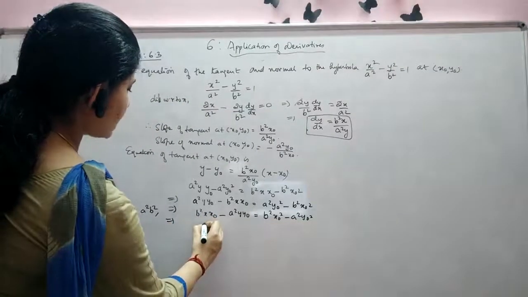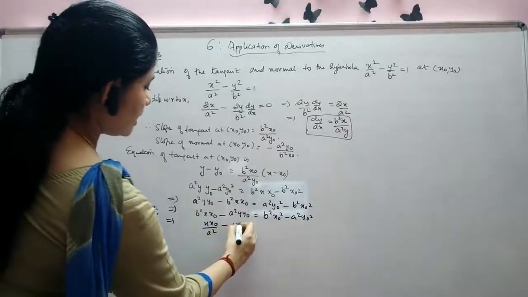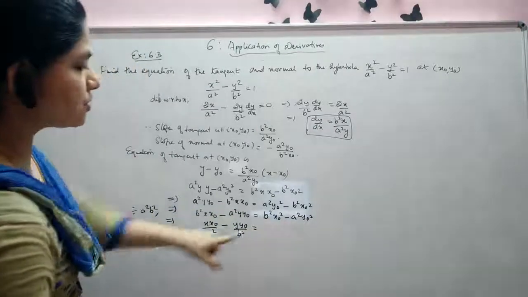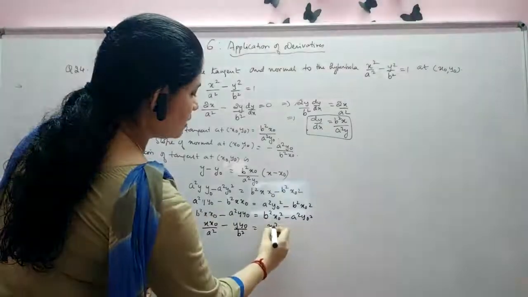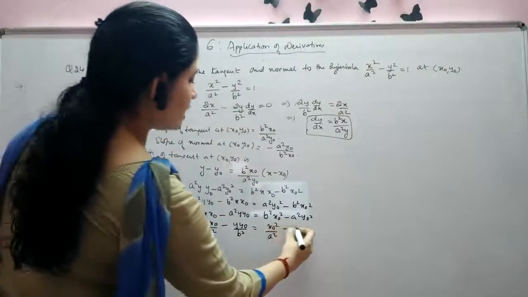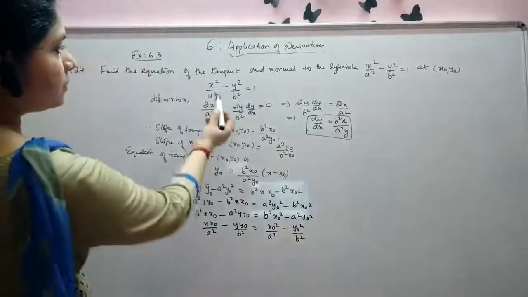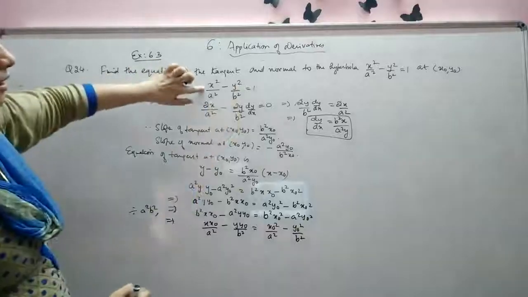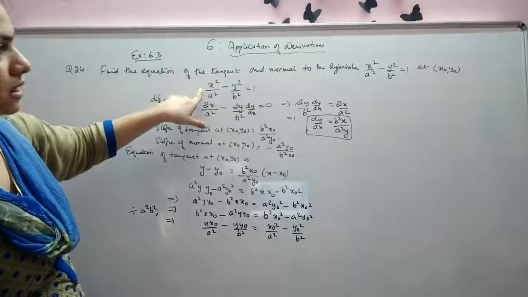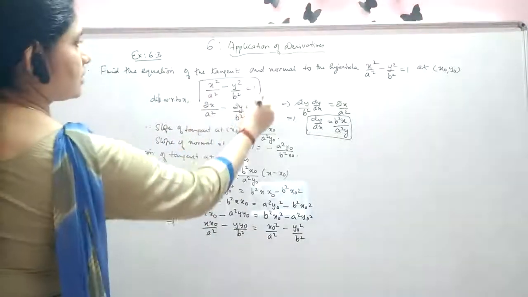So here you will get x naught x by a square, b square will get cancelled, minus y naught y by b square, a square will get cancelled, is equal to, here again x naught square by a square, b square will get cancelled, minus y naught square by b square will get. Now since this equation is having a point x naught y naught on this curve, you can write this also as 1, like this, right?